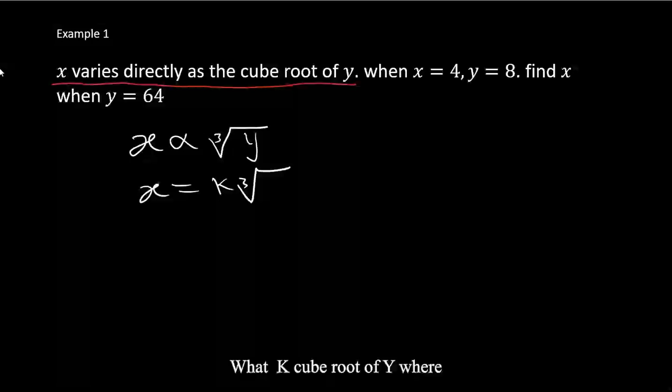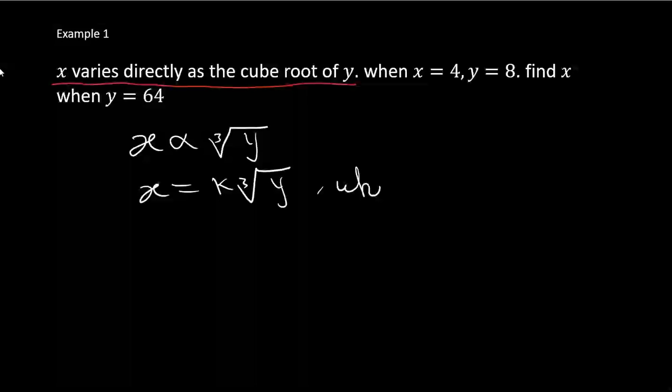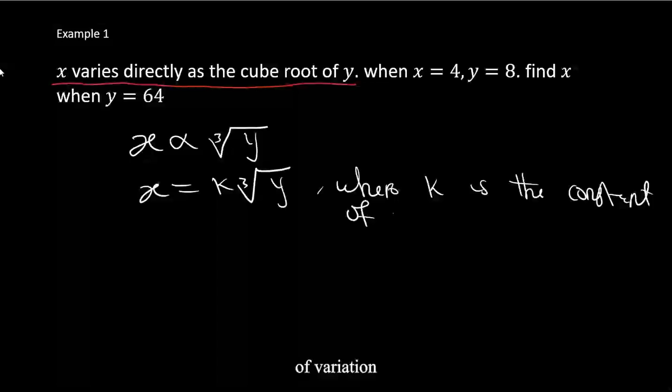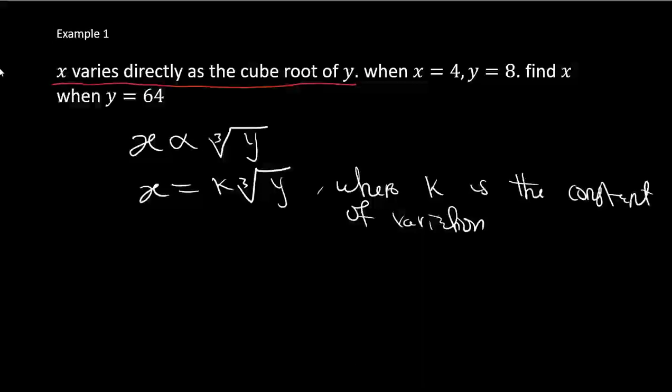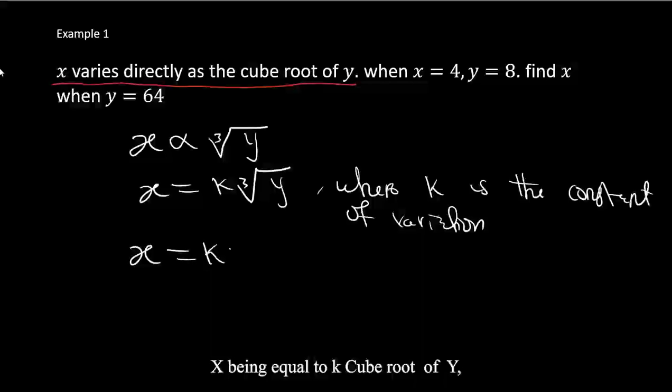K cube root of Y, where K is the constant of variation. Okay, so with this, we have our equation X being equal to K cube root of Y.